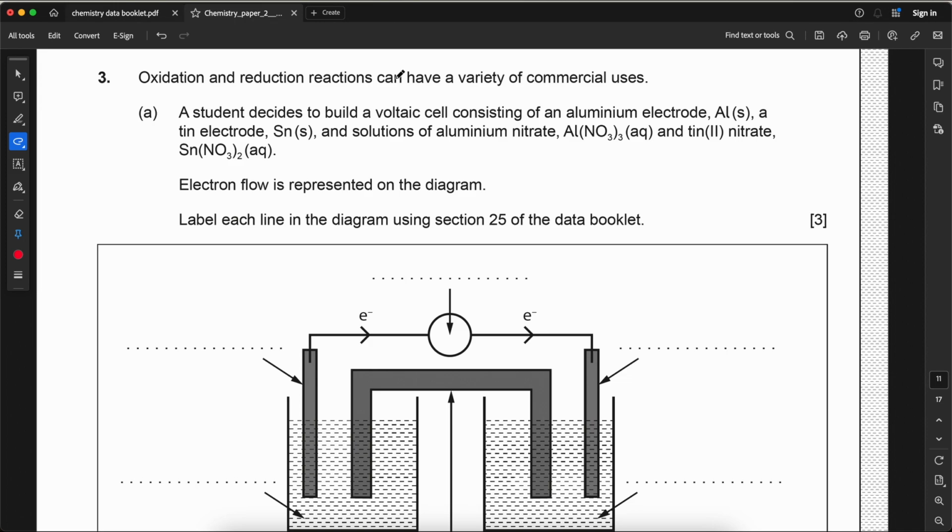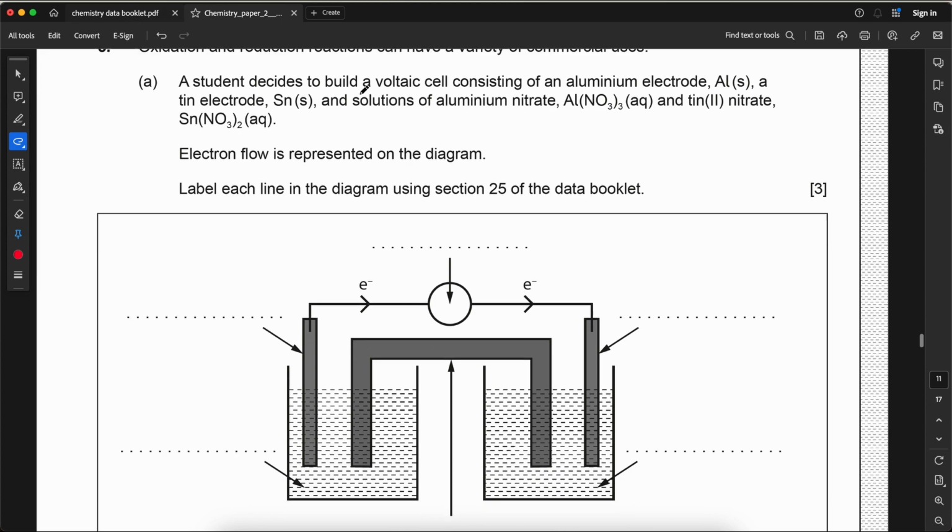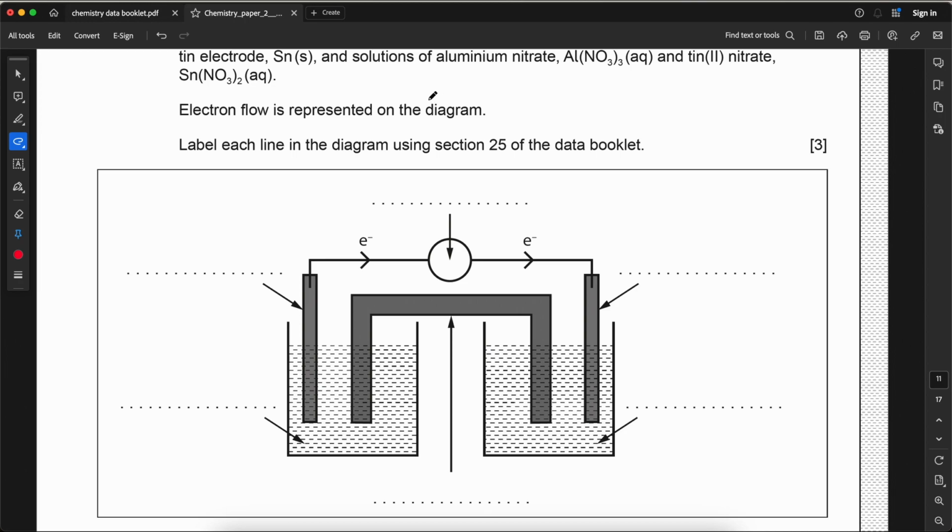Oxidation and reduction reactions can have a variety of commercial uses. A student decided to build a voltaic cell consisting of an aluminum electrode, a tin electrode, Sn, and solutions of aluminum nitrate and tin nitrate. Electron flow is represented on the diagram. For a voltaic cell, electrons flow from anode to cathode.